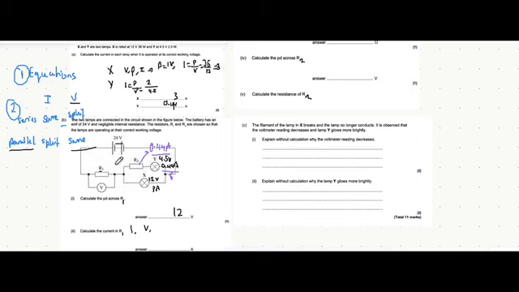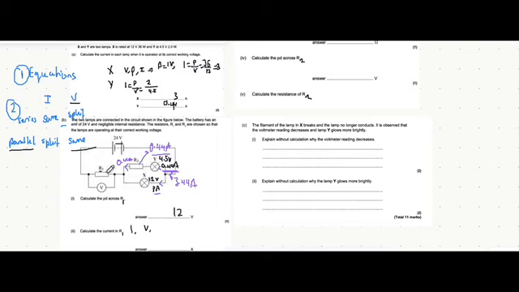So if 0.44 amps flows through the whole top of the junction, that 0.44 amps is the same across both components, meaning that 3 amps will flow through the bottom because that's the current across X, and 0.44 amps will flow through the whole top of the junction. So the total current going into the junction is 3.44 amps.